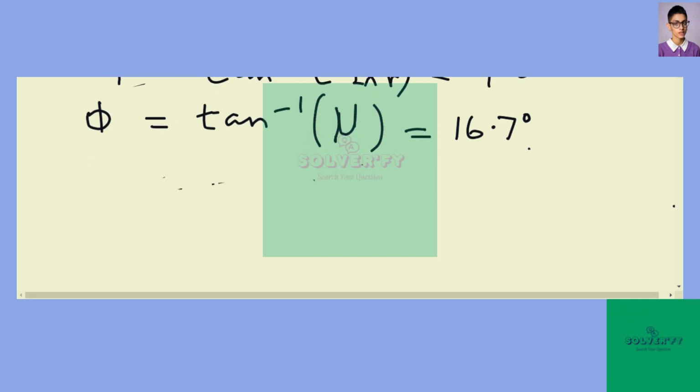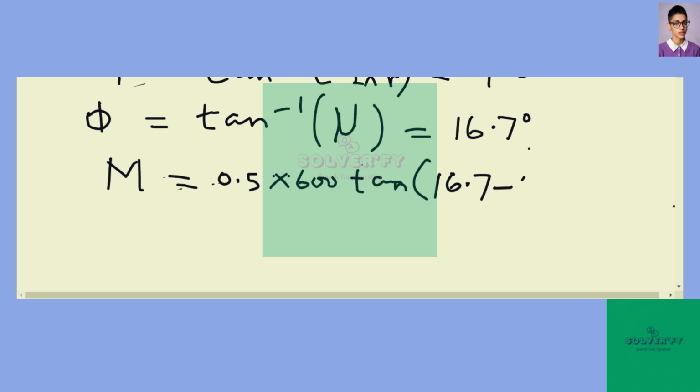Then the next thing is to plug values into that equation. When you plug in values, r is 0.5, W is 600, tan of 16.7 minus 4.6.